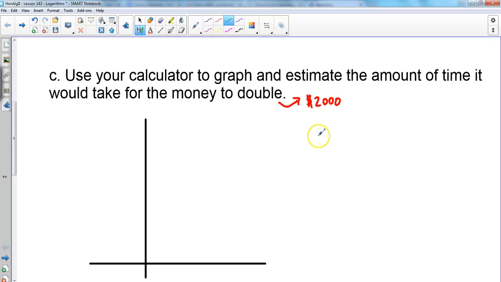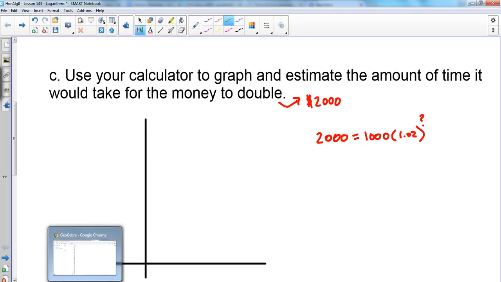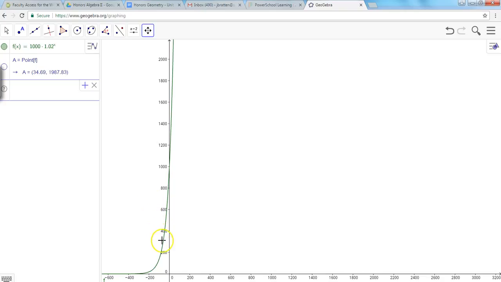So if we set this up, we're looking at 2,000 equals 1,000 times 1.02, and what we're asking is what power. How many years go by, or what power do we need on this 1.02 in order to get this answer? We use our calculator to graph this, and you should get a graph that looks something like this.